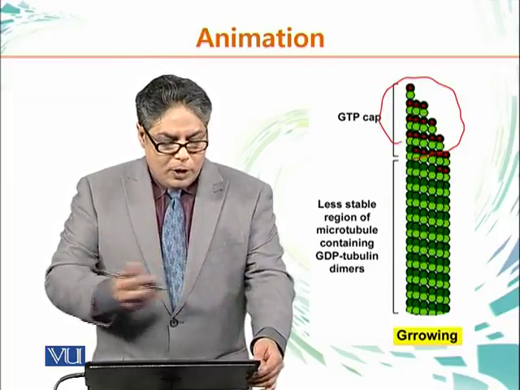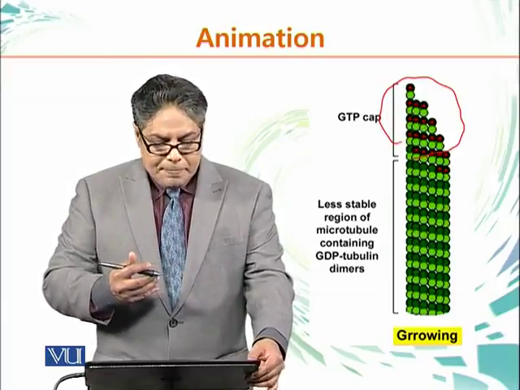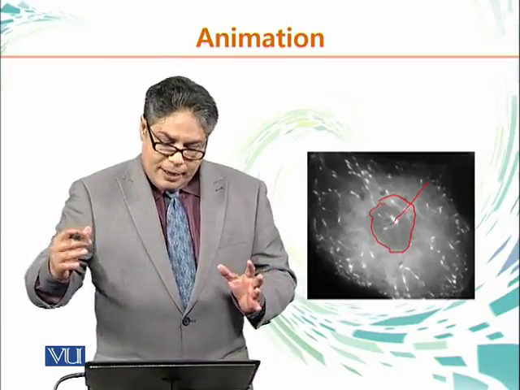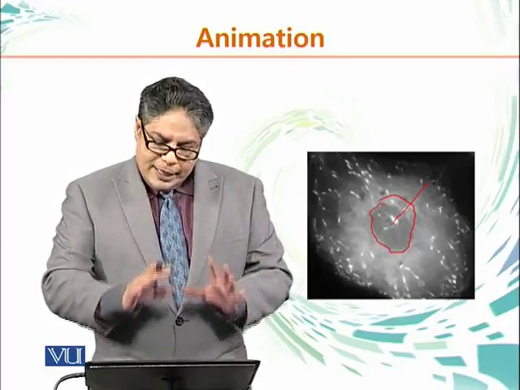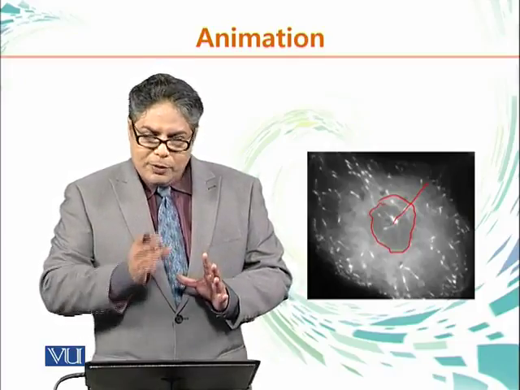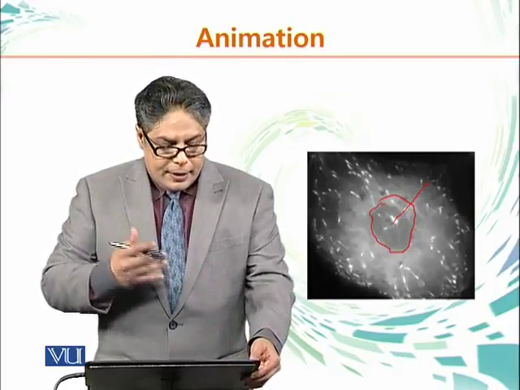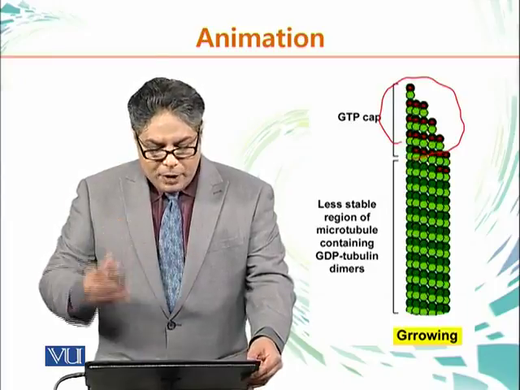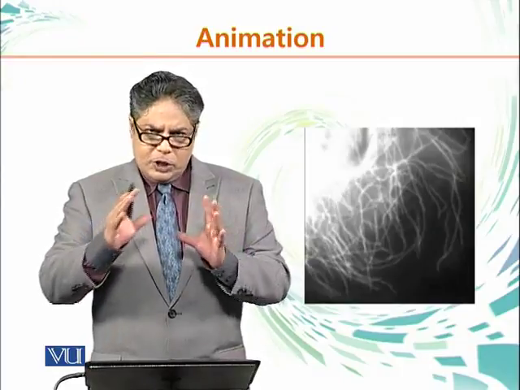So I'm going to go back to the previous slide. So you will see these white dots moving very rapidly, sort of like comets move. These are basically tips of microtubules which are elongating. In the next part of this movie, you will see microtubules, the whole microtubule, not just the tip.